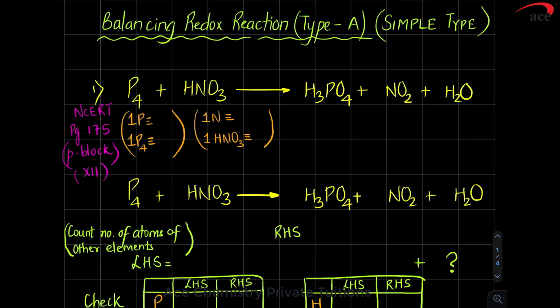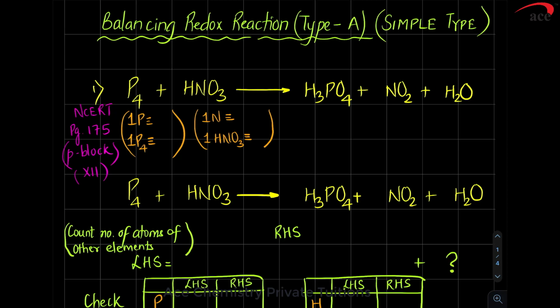So, we come to a very interesting topic, balancing redox reactions. Generally, redox reactions are very difficult to balance and many of you may be following a certain methodology or trick to balance them. So, there is one more trick, a shorter, simpler trick to balance a redox reaction. We are seeing reaction number 1.